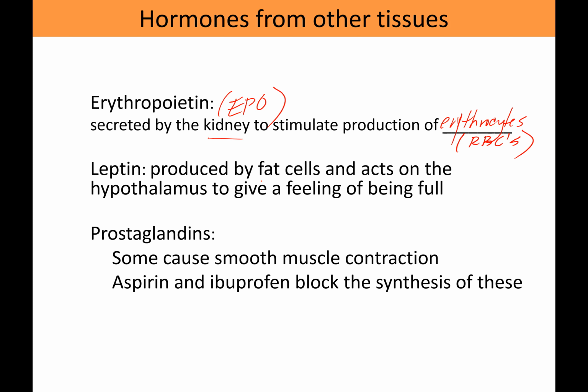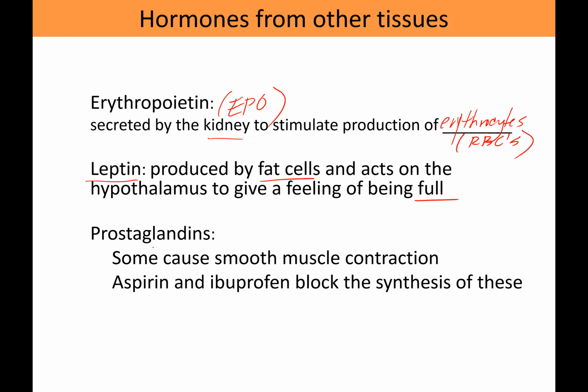Your fat cells actually secrete a hormone called leptin. What it does is trigger the lever in the hypothalamus that says, you're full, stop eating. And so leptin has actually, not surprisingly, been manufactured by companies trying to help people control their appetite. So they get that feeling of being full, and they don't consume as many calories. So it's a great weight loss hormone.